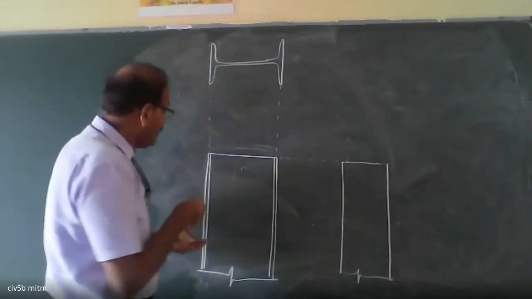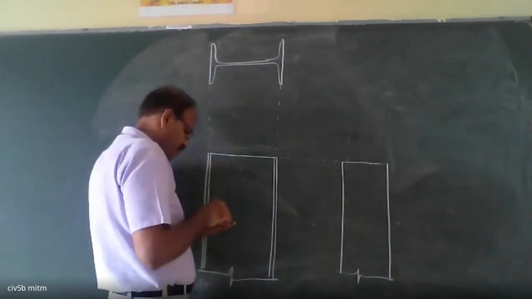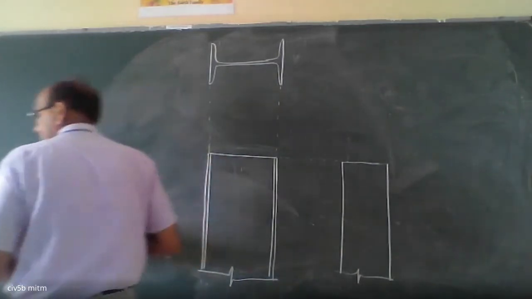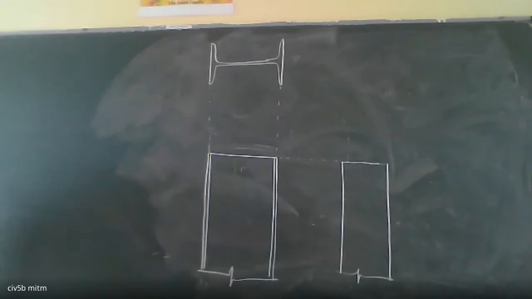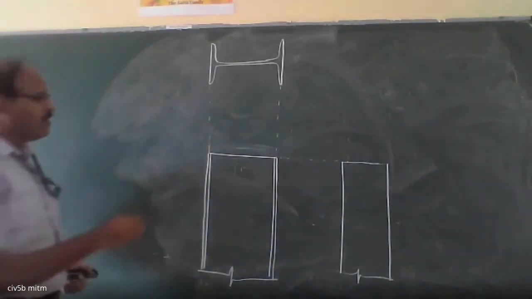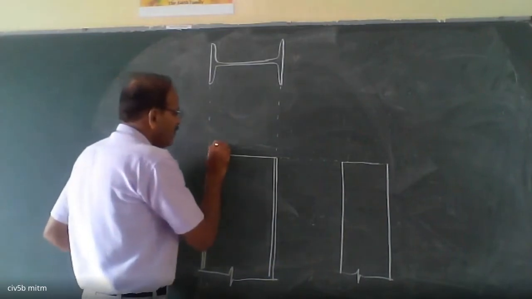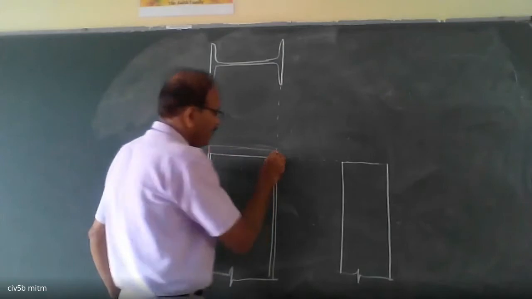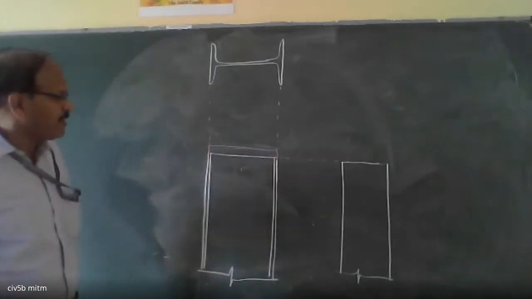So for that, what I do is, I am going to put a plate here. I am using a different color Sharpie. Hopefully that is going to be visible for you. If not, please let me know. So this is a base plate of certain thickness. Again, that depends on the design.